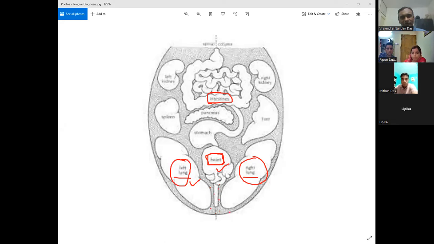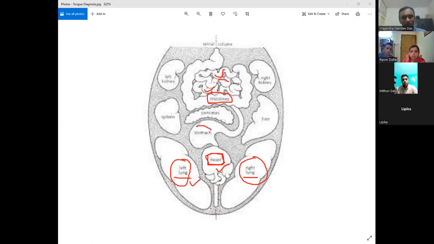Where is the small intestine, Prabhu? Actually, the small intestine is surrounded by the large intestine, so in between is the small intestine. Yes, this is the small intestine. Okay, and in the center portion, the stomach is shown.